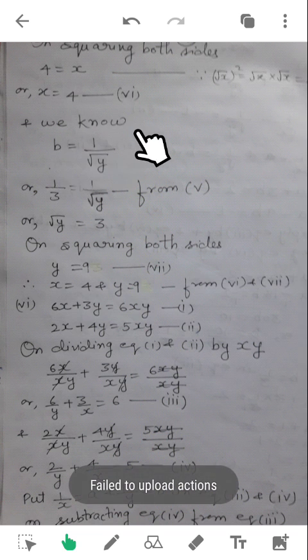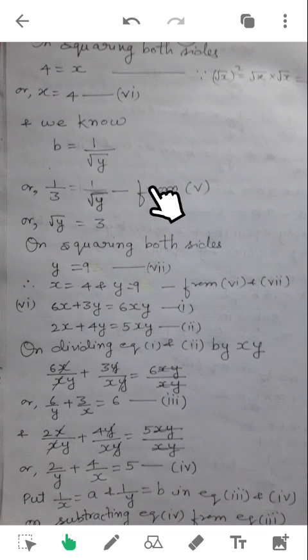Now we all know that b is equal to 1 by root y. In place of b we have the value 1 by 3, and it is equal to 1 by root y. On cross-multiplying, root y gets multiplied by 1 on the left-hand side, and this 3 gets multiplied by 1 on the right-hand side.